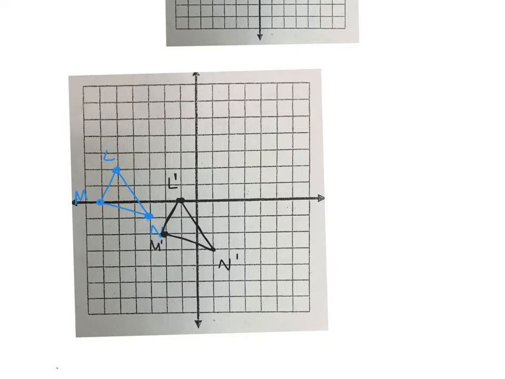4 to the right, 2 down. Yeah. So if I'm going here, it's 1, 2, 3, 4, 1, 2. This one is 1, 2, 3, 4, 1, 2. So always 4 to the right, 2 down. So to write the rule, you're going to do what letter? A T, because it's a translation. It's a slide. And then you do your pointy brackets.